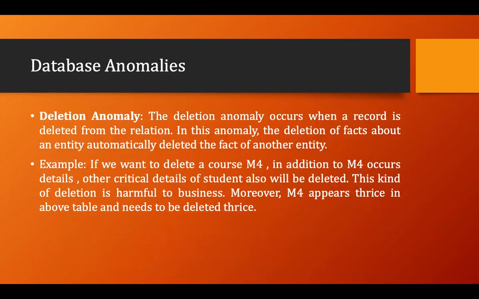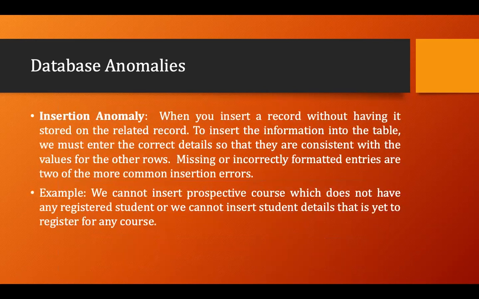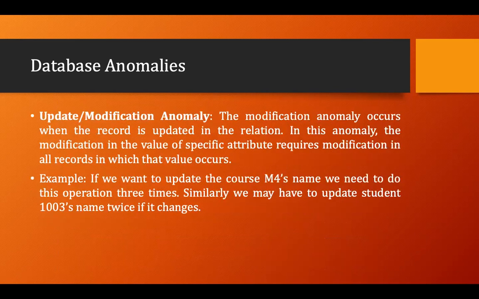So I think you understood the three anomalies: insertion, deletion and updation. Insertion anomaly occurs when we want to insert any data, and it occurs because we don't have other related records. Modification anomaly occurs when we want to modify any data in the database. I have to modify it many times because we have redundant, duplicate data.